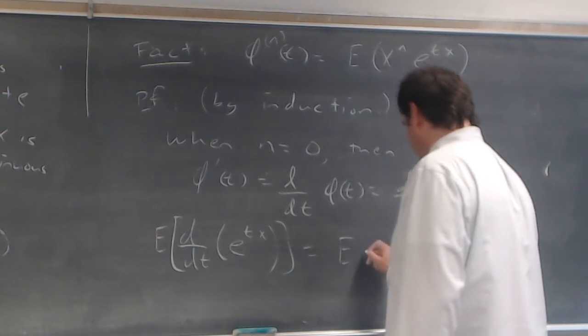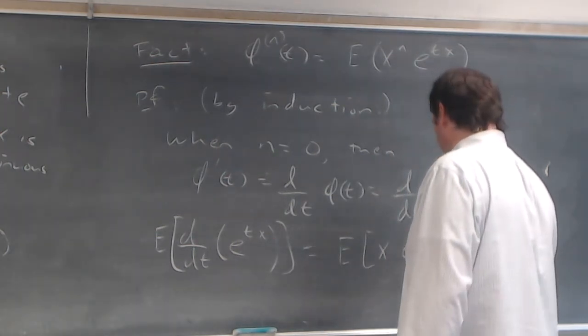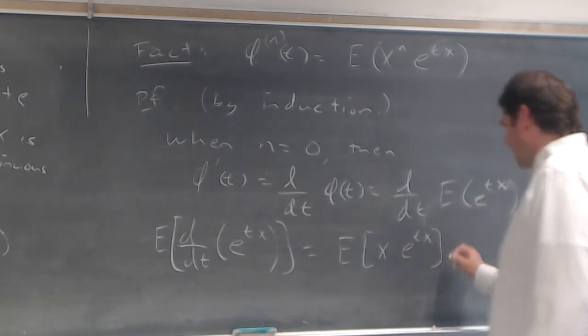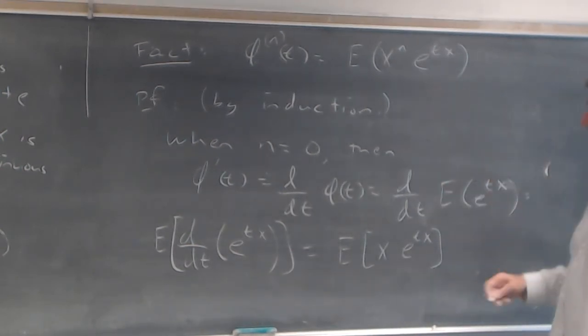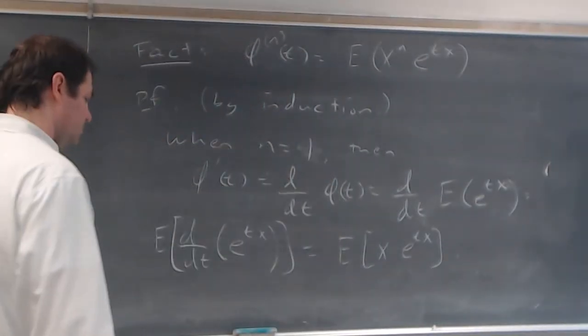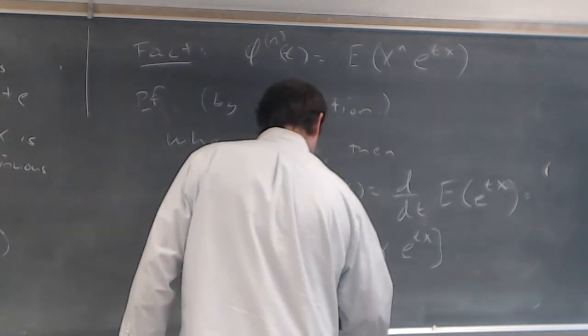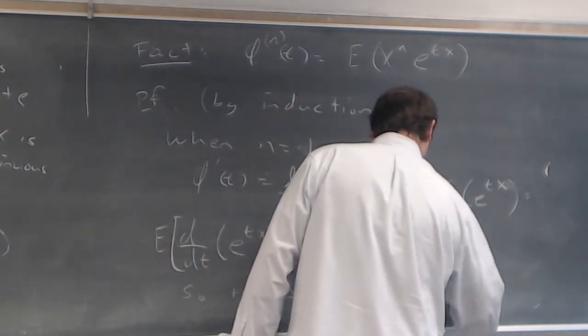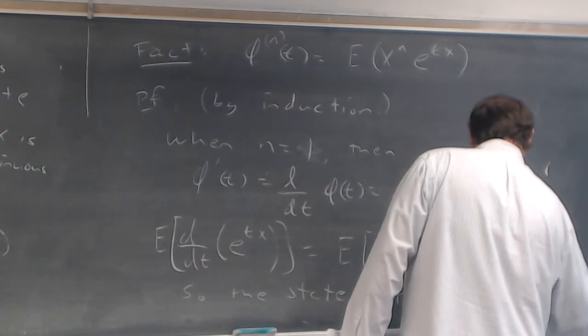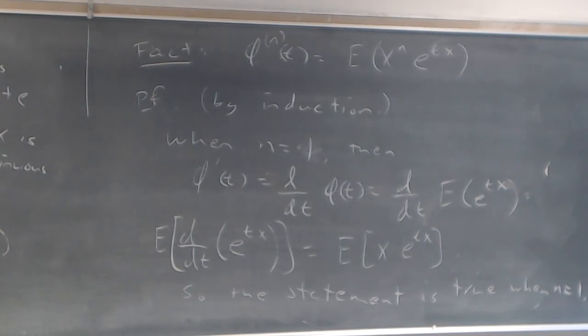So we take this derivative, remember we're taking the derivative with respect to t, so it's X times e to the tX, and that is what we wanted to show in the case when n is 1. Sorry, made a mistake. So the statement is true when n is equal to 1. Okay, so by induction, the next step is to assume the statement is true when n is equal to k.